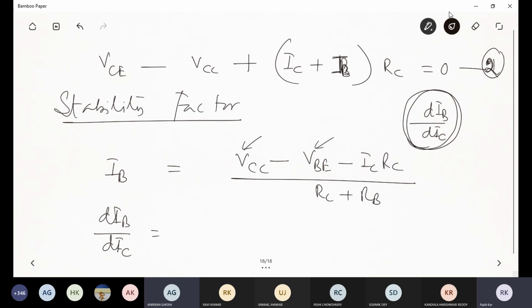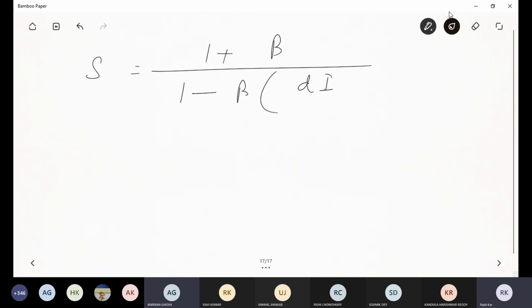Taking the derivative with respect to IC, this comes out to be RC divided by RC plus RB. And you substitute this in the stability factor expression. In the last circuit it was RE, here it is RC divided by RC plus RB. The stability factor expression is 1 plus beta divided by 1 minus beta dIB/dIC.